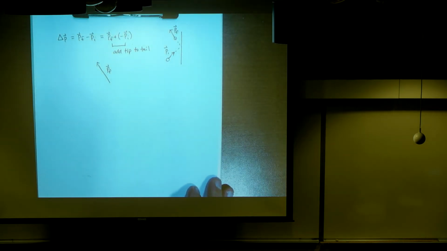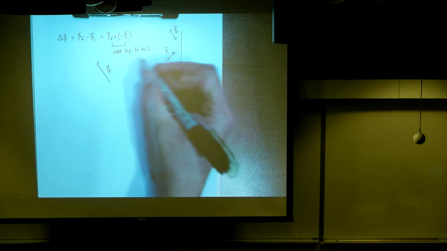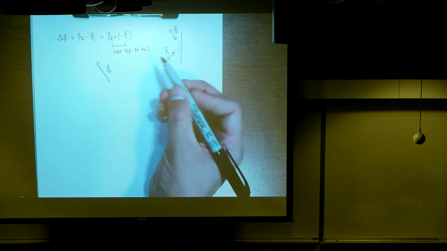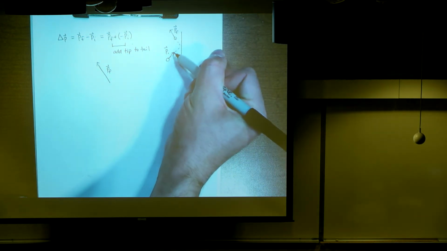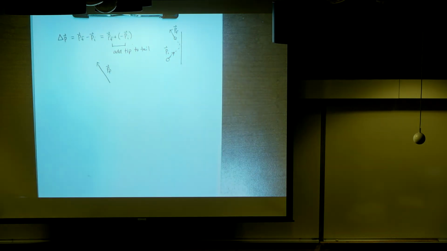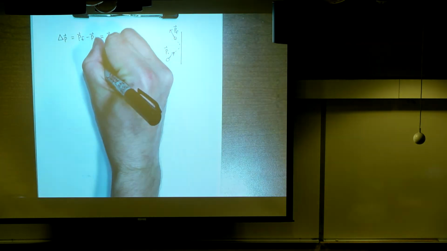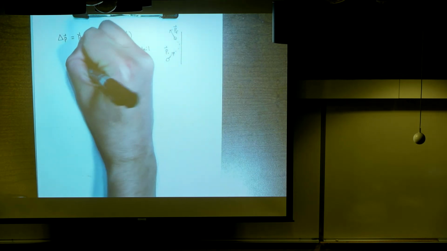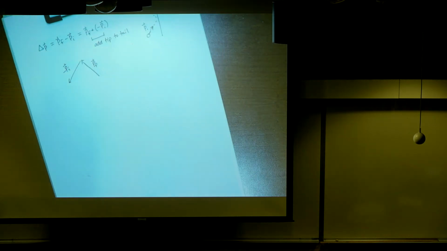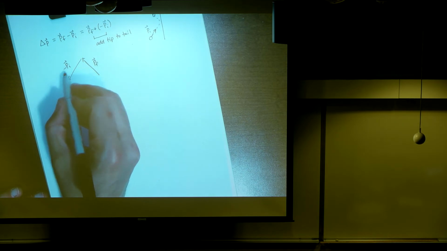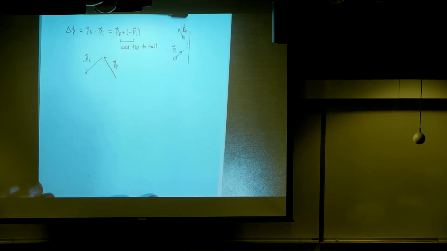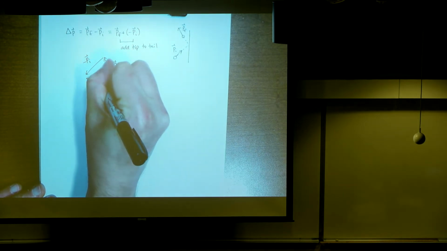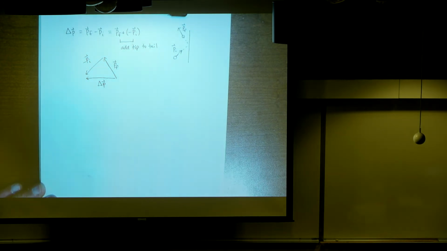And then what I'm going to do is draw not P initial, which is going like this, up and to the right, but the negative of that, right? Remember, if you have the negative of the vector, it just flips it around. So negative P initial would look something like this. Okay? And then that's P final plus negative P initial. And then the delta P that results would be going like that. Okay?